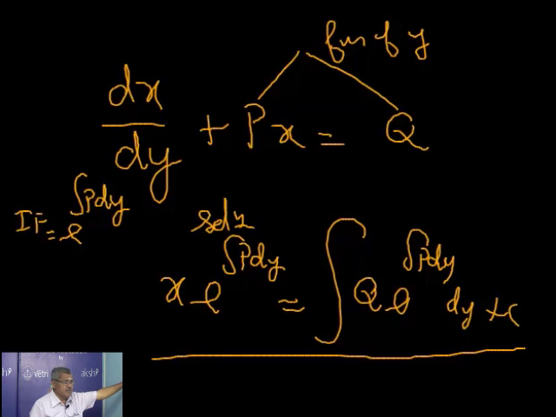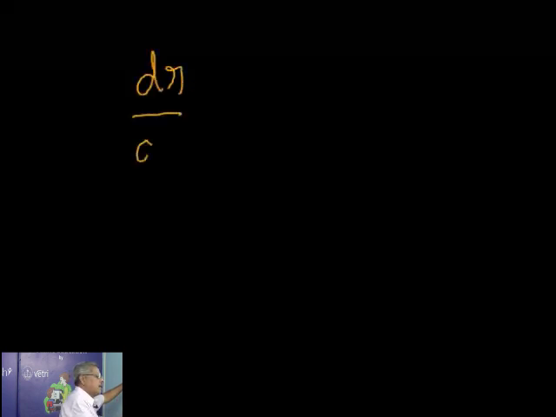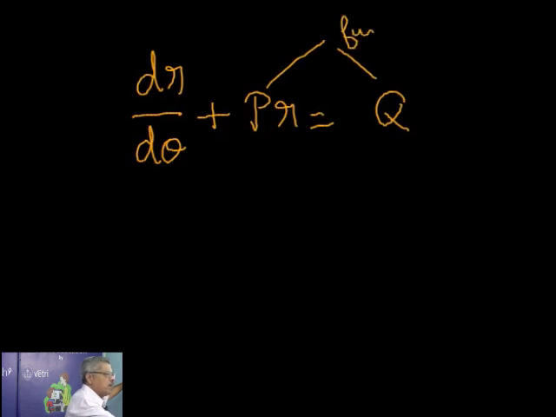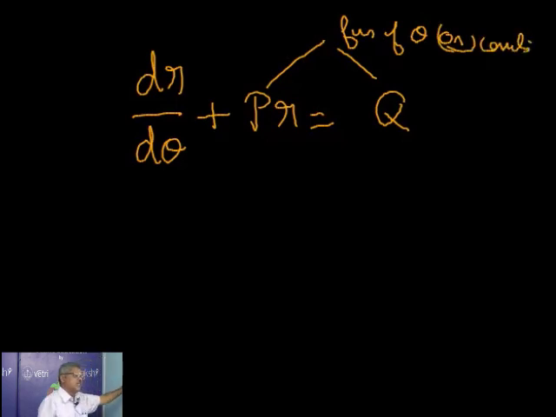We can get a linear equation in r, in theta, in any dependent variable. For example, if you have dr by d theta plus pr is equal to q, where p and q are functions of theta or constants, then accordingly we can write down the solution.